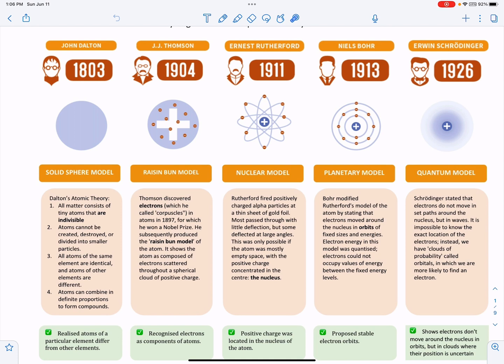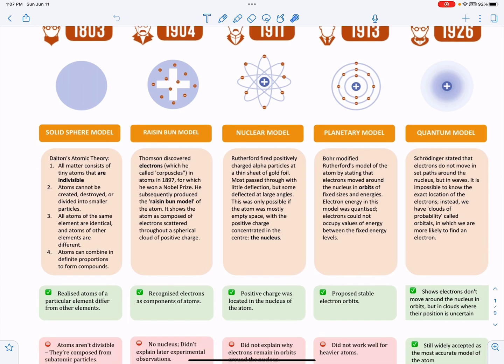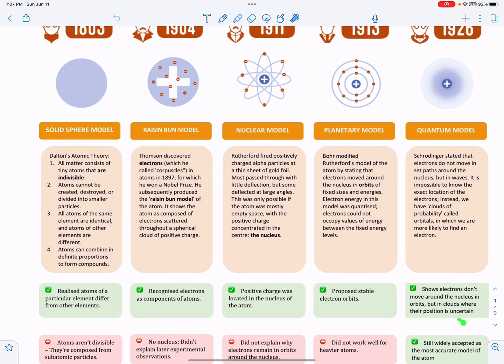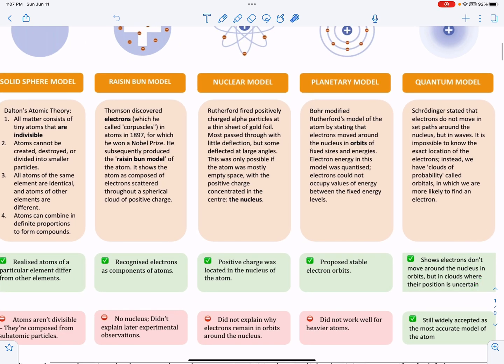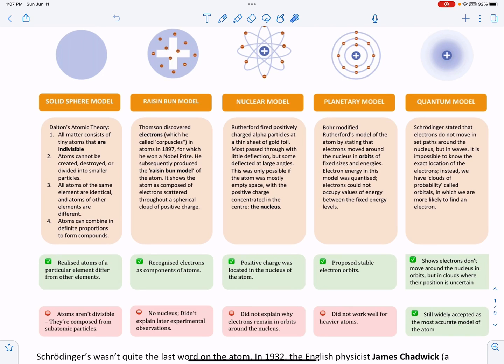Instead, we have clouds of probability, called orbitals, in which they are more likely to find an electron. This model showed that electrons don't move around the nucleus in orbits, but rather in clouds. And it's still widely accepted as the most accurate model of the atom.